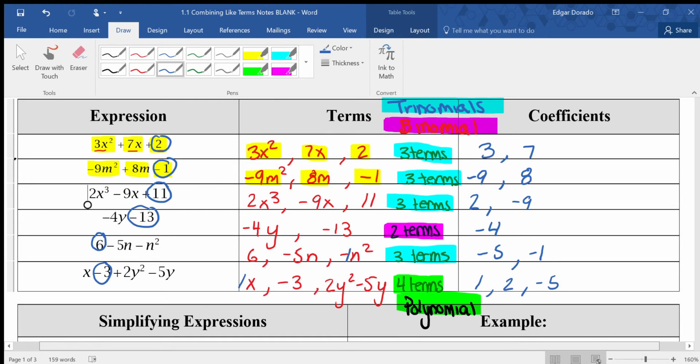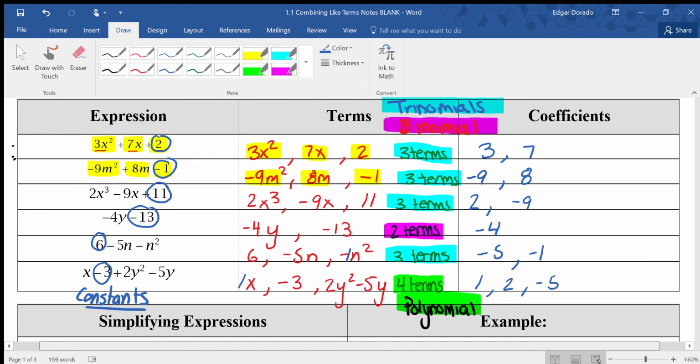Okay, so all those numbers here in blue, those are called constants.